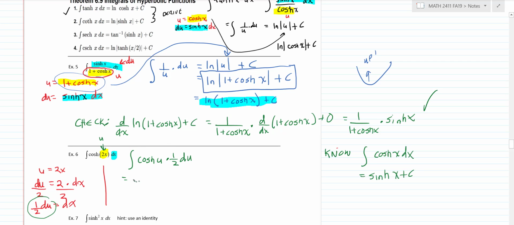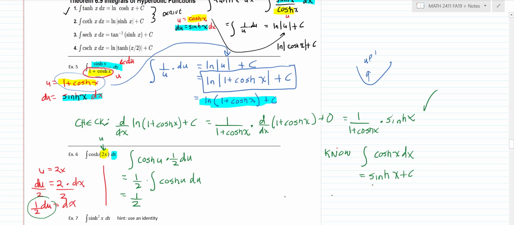That's a constant that can come out of the integral, so I get 1/2 the integral of the cosh of u du. All right, so that's a breeze.